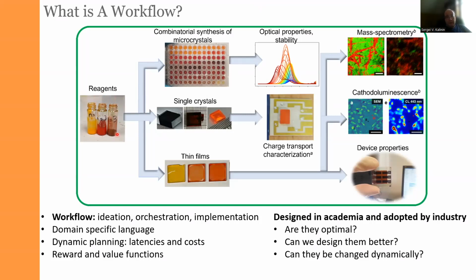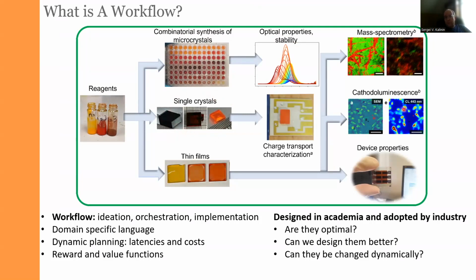A simple example is when we use a library of microcrystals and use the feedback from studies of this library to choose the composition for film growth or to select which composition of single crystal to grow.